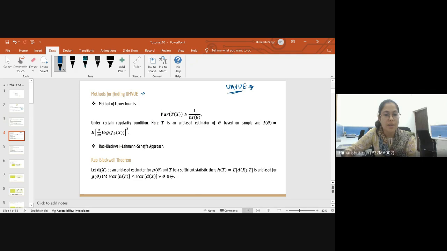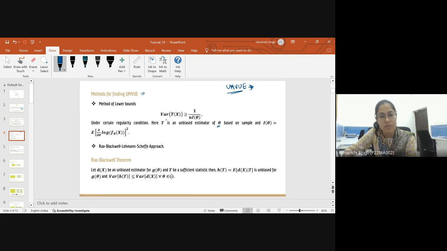First of all, there is a method of lower bound. If T(x) is an unbiased estimator of theta, then variance of T(x) is greater than or equal to 1 upon n into I(theta). So this variance of T(x) will always be greater than or equal to this quantity.